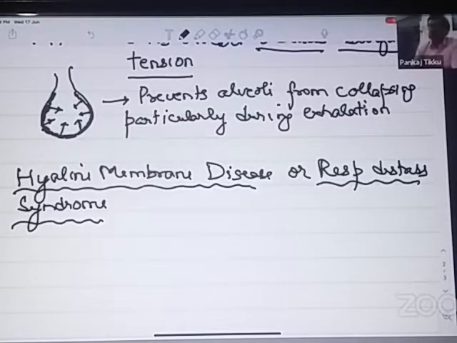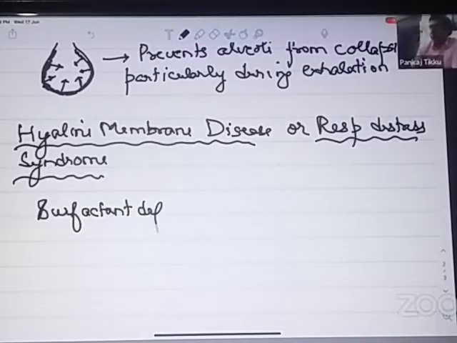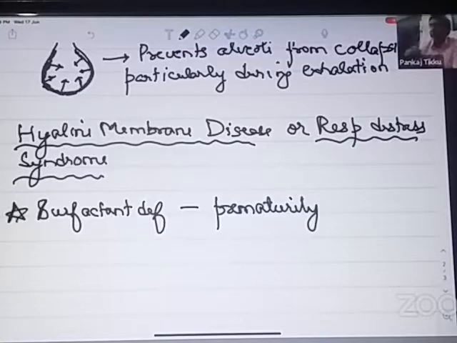So this is a disorder which is associated with surfactant deficiency, mainly because of prematurity.